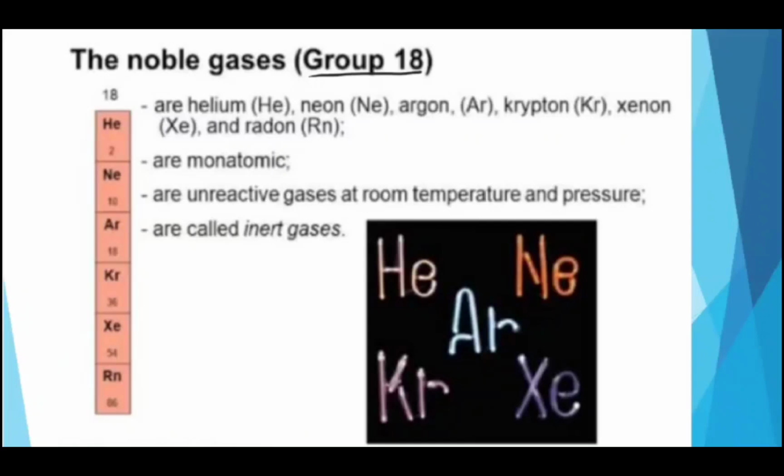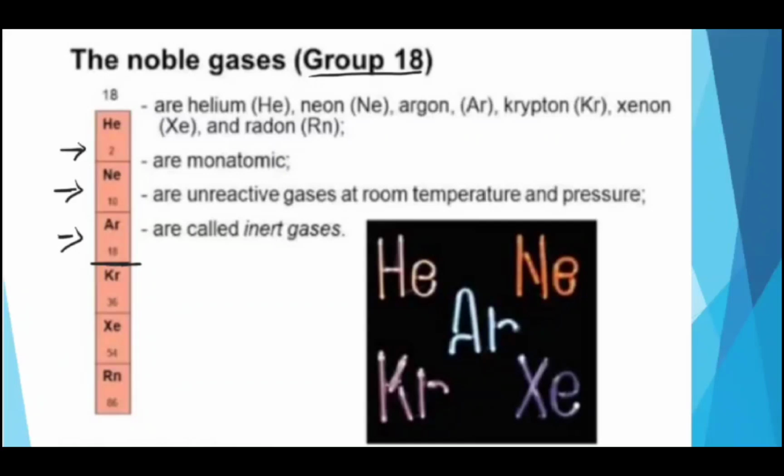Now, the first element of the noble gases in the periodic table is helium, then comes neon and argon. These three are important for you to learn as of now, as they lie between the first 20 elements of the periodic table.